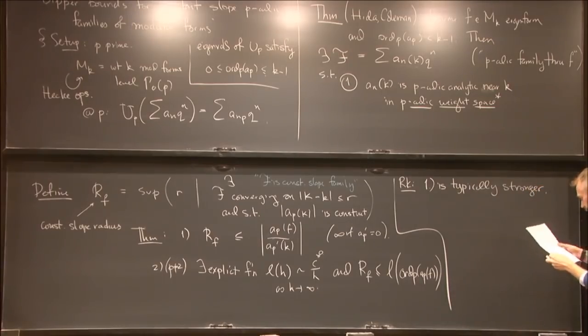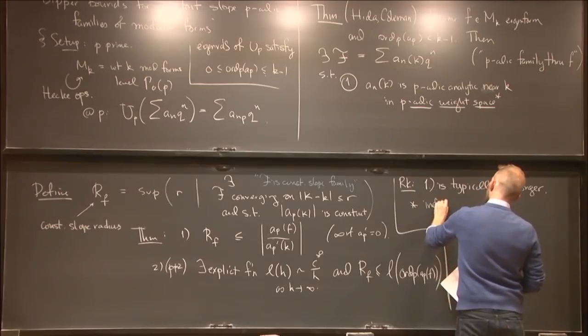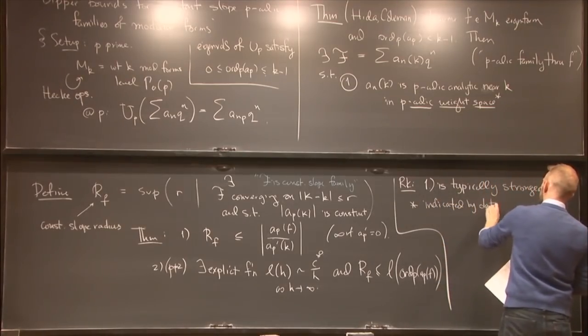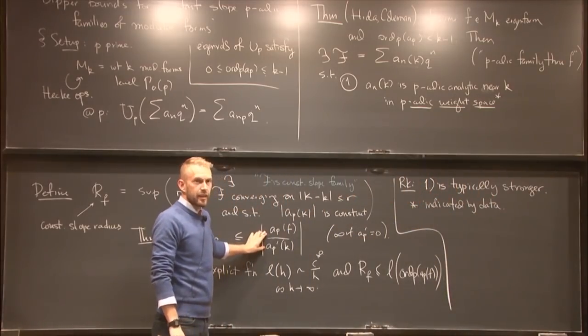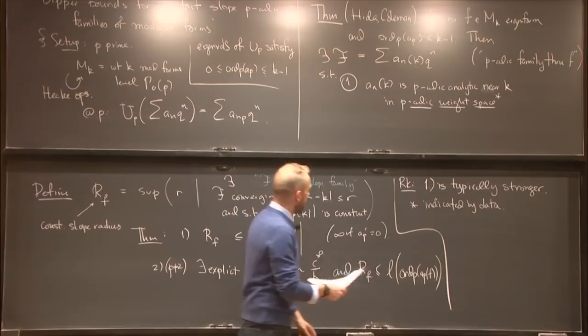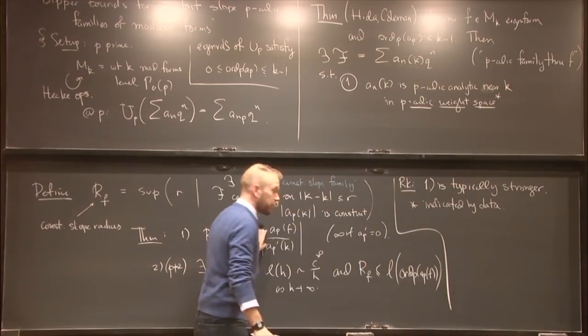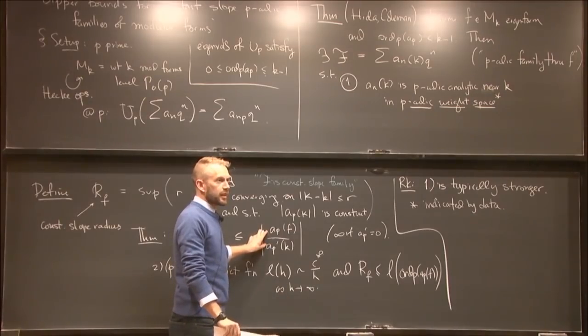So the first bound is typically stronger. This is indicated by data, and you'll see what I mean by data. We can actually compute these numbers on a computer, which is quite interesting. How do you compute AP prime? You compute the ratio AP over AP prime as an L-invariant of a modular form. So I'll get to that.